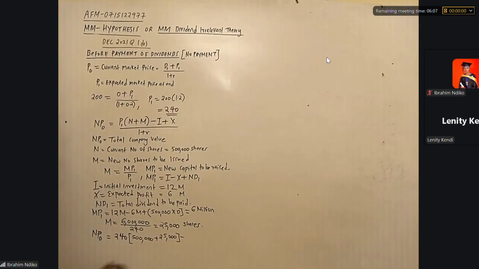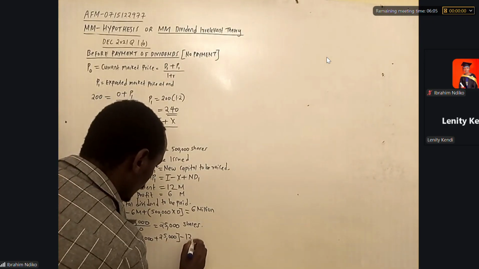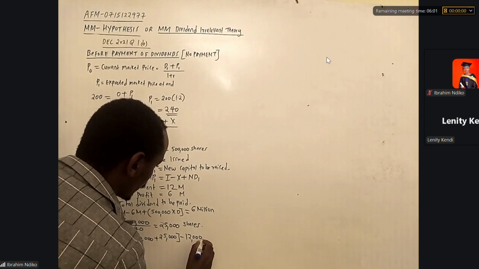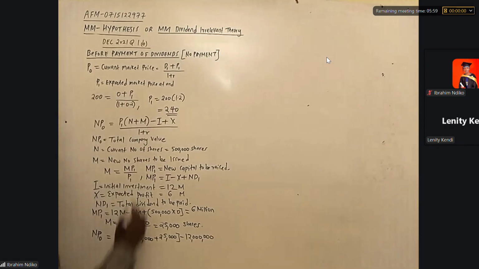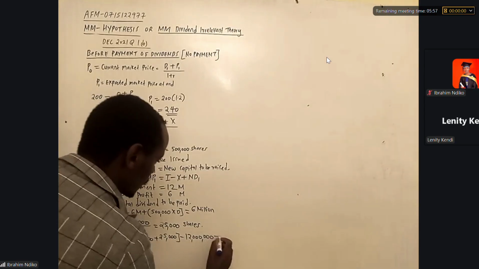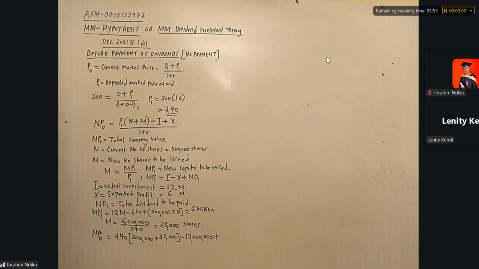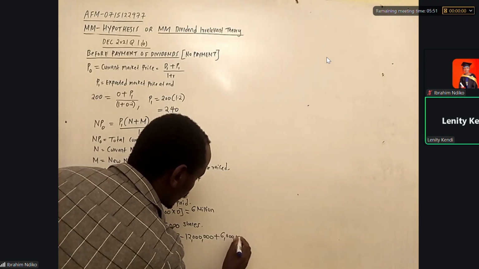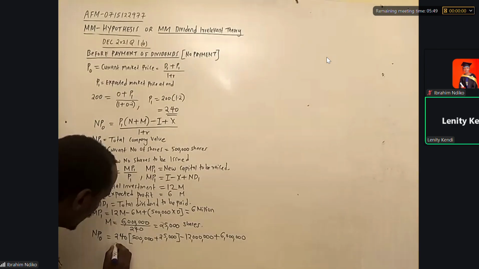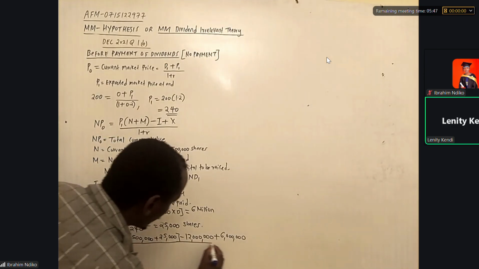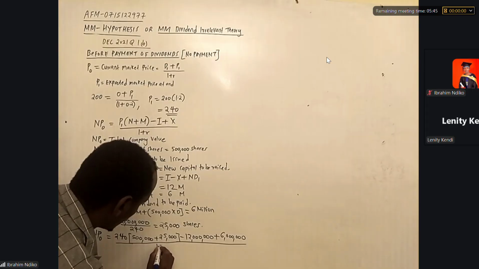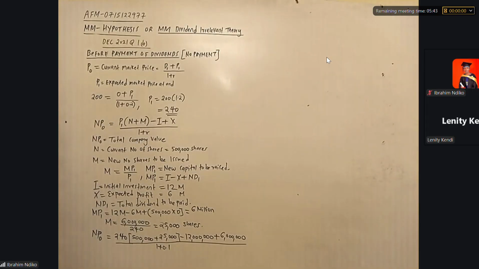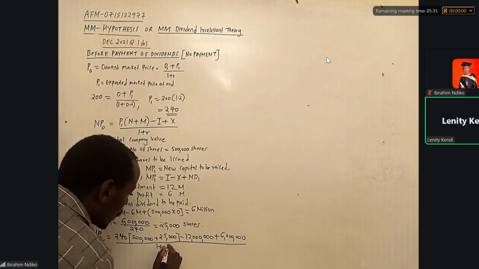Minus I, we said, is 12 million plus X. X, how much did you tell me? X we said is 6 million. What you get, you divide by 1 plus 0.1, right? Y is 0.1 and R is 0.2.